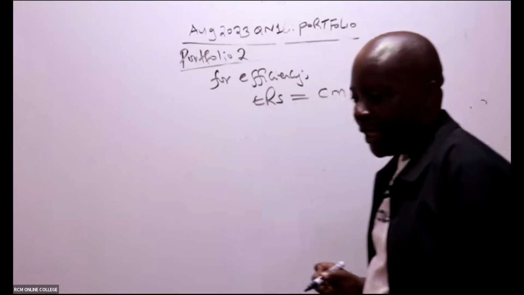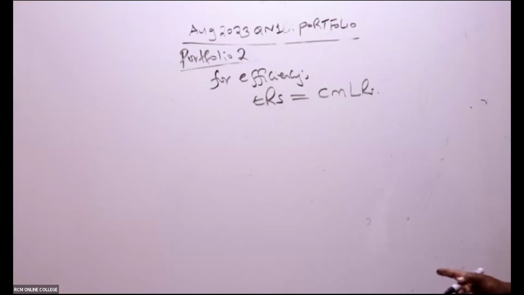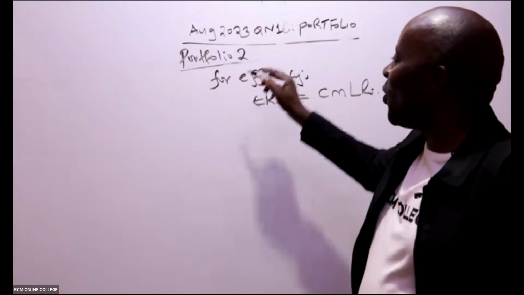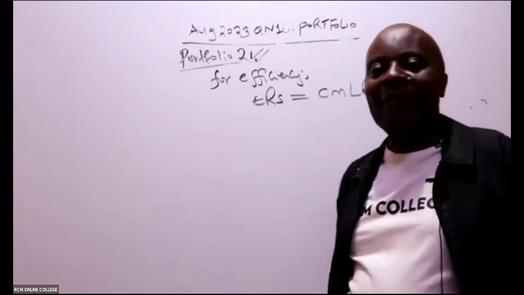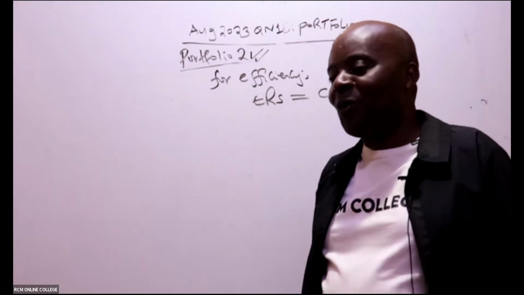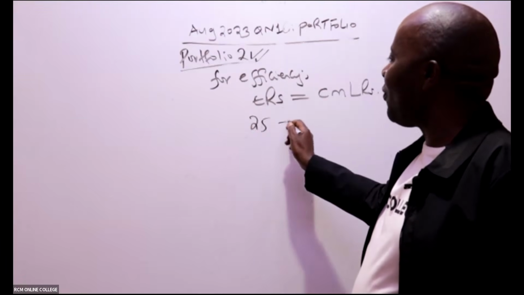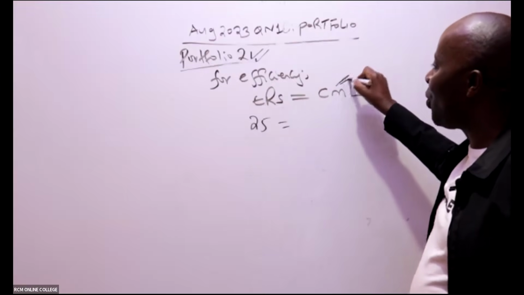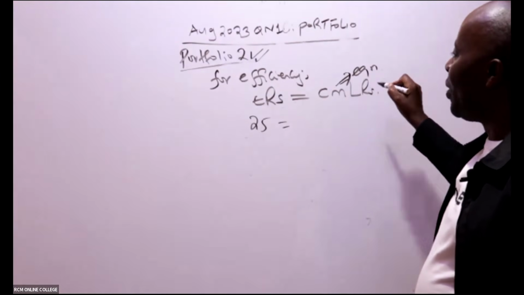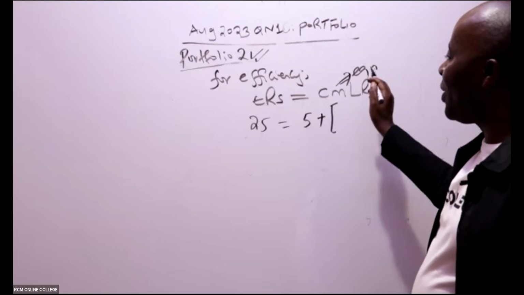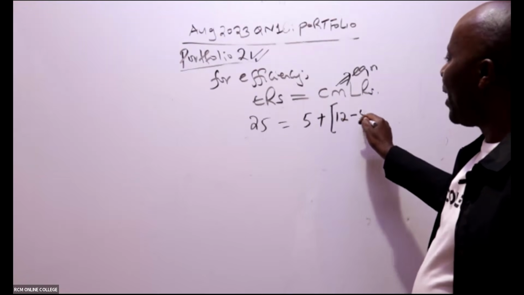Remember, we are looking at portfolio number 2. Are you able to tell me the expected return of portfolio number 2? It is 25. So 25 should be equal to the CML returns. Here I will use the equation. I start with risk-free, 5, plus expected return of the market, 12, minus 5.